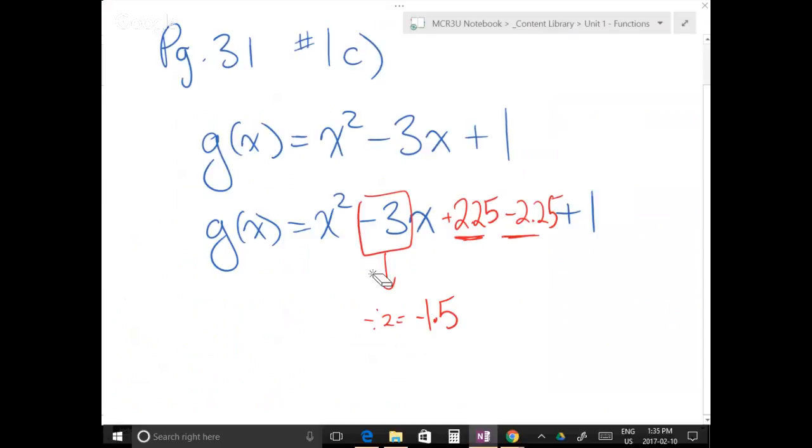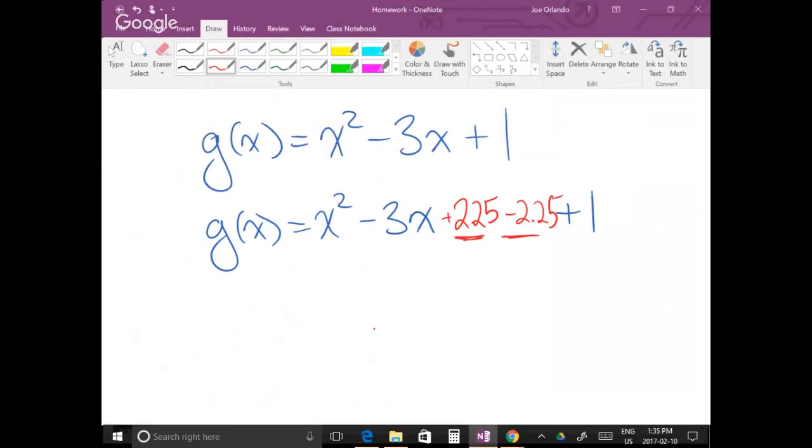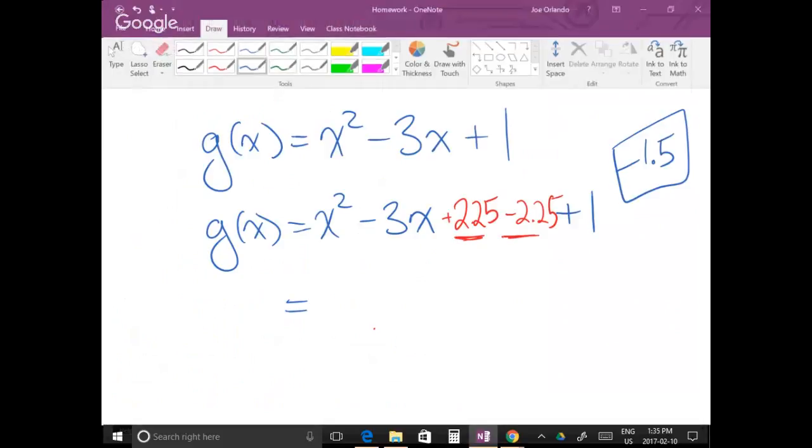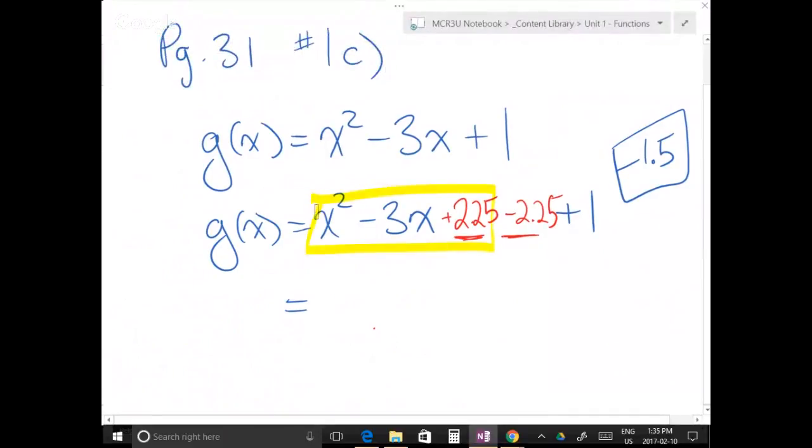So now that I've figured out what numbers we need there, now what do I know? Now how can I rewrite this? We know that our number was negative 1.5, right? That's the number we used. What do I do with that now? Don't let it stress you out that it's got a decimal.